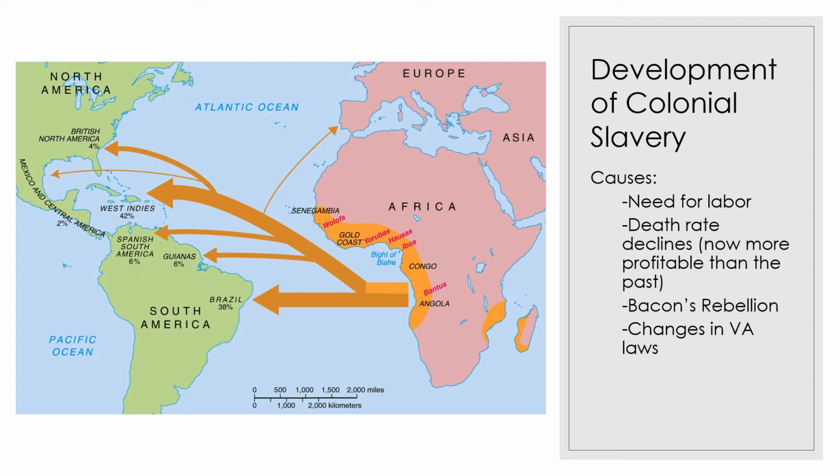Ultimately, in a lot of ways, this is a civil war amongst white people, and it scares the wealthy planters in Virginia. And so they realize that they need to take some steps to help the poor whites to make sure something like this doesn't happen again, and it will also quicken the shift to African slavery as that needed labor force for tobacco.